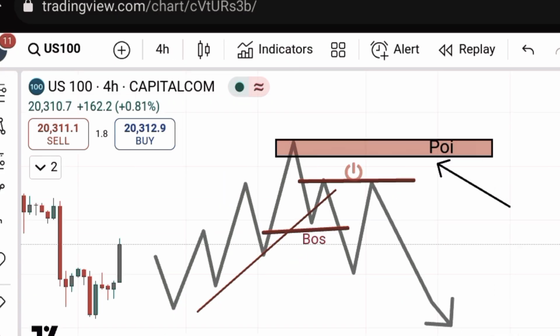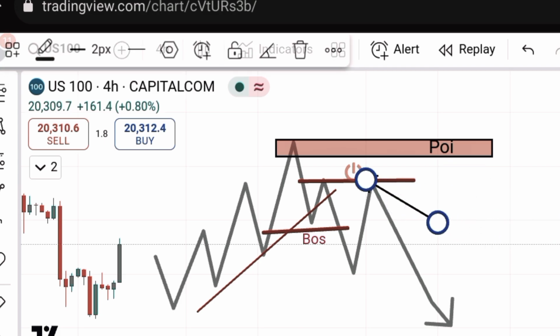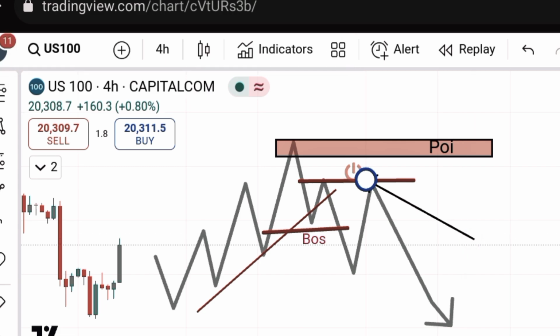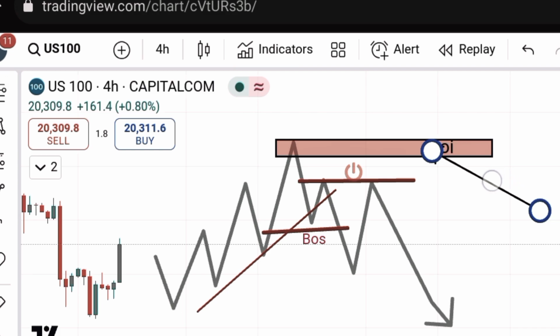So you can see the first POI now, which happens around this point, that point now becomes our liquidity. While this first leg here, this first high now becomes our point of interest.